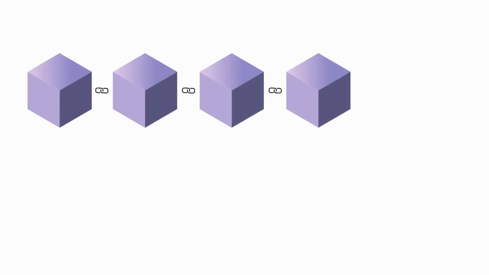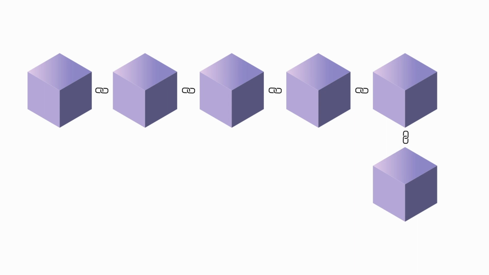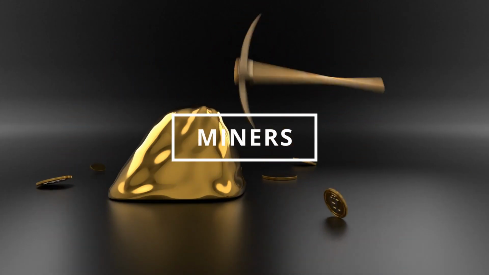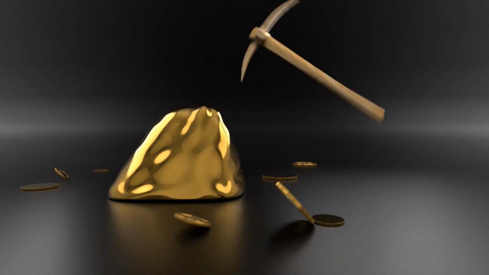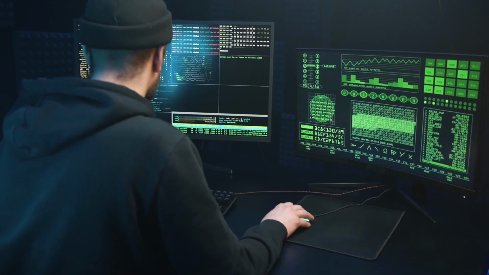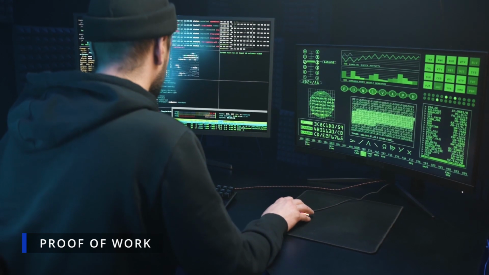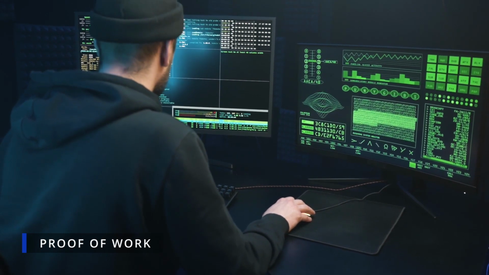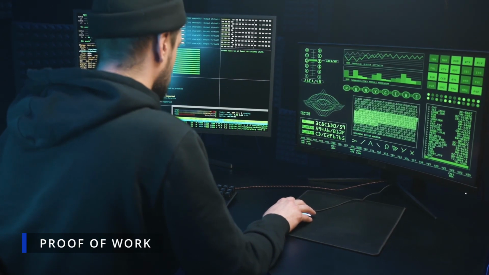So, who adds these blocks to the chain? That's where miners come in. Miners play a crucial role in the blockchain ecosystem by validating and adding new transactions to the blockchain. In a proof-of-work consensus mechanism, miners use their computational power to solve complex mathematical problems, also known as mining puzzles or hashes.